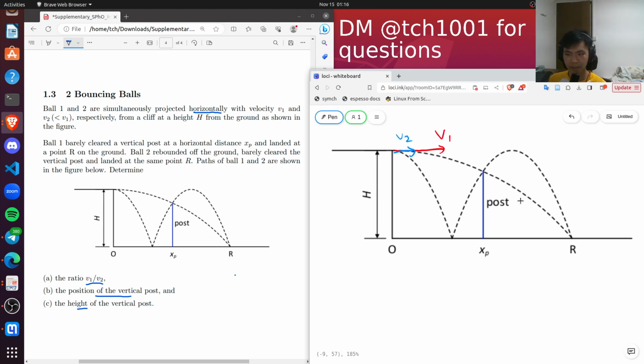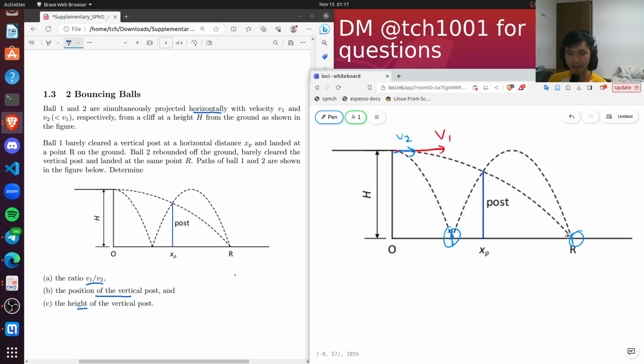We can observe that since the velocities are purely horizontal, the initial vertical velocities are both 0. So the time taken to fall to the ground is going to be the same, meaning that both balls hit the ground at the same time, just at different locations.